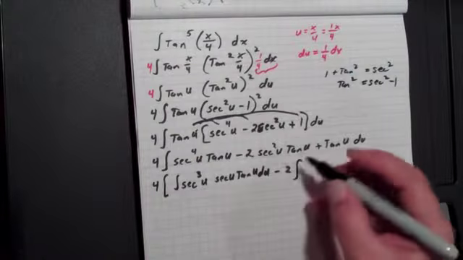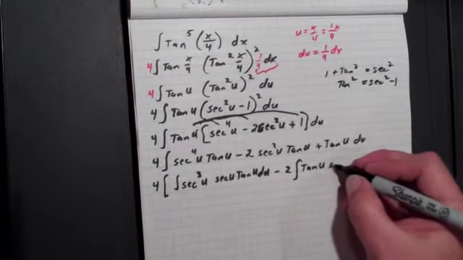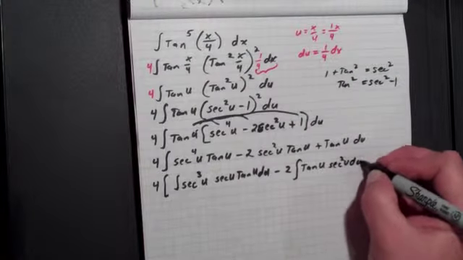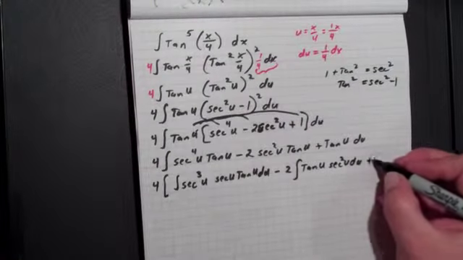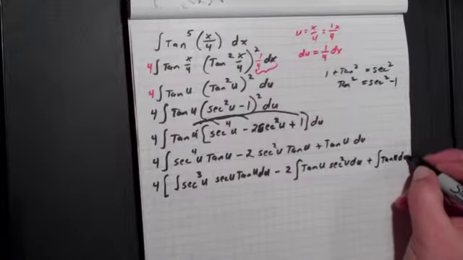The derivative of tangent is secant squared, so I may do tangent of u secant squared u du, and this last integral is just the integral of tangent of u du.